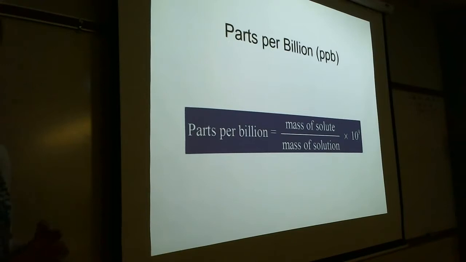You would use small concentrations. The only difference between parts per million and parts per billion is what you multiply by. 10 to the 6th is a million, 10 to the 9th is a billion. So you're measuring contaminant in soil or in water or in air. You're measuring small concentrations, not large concentrations.